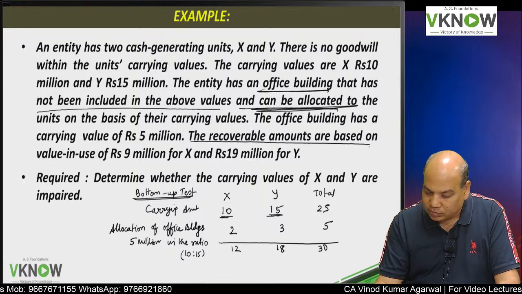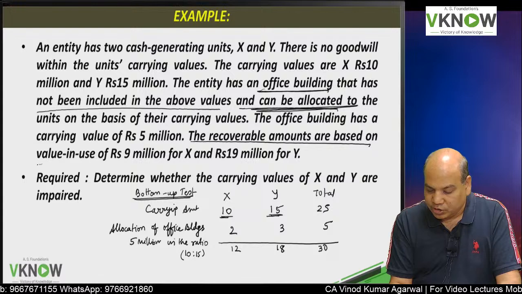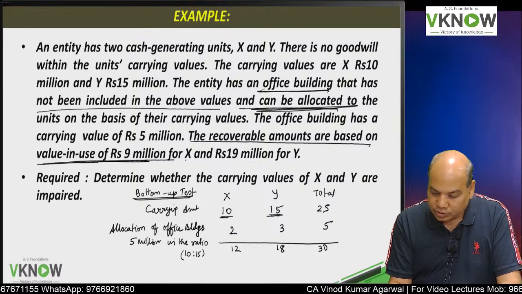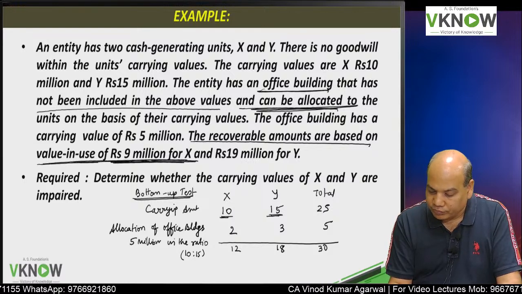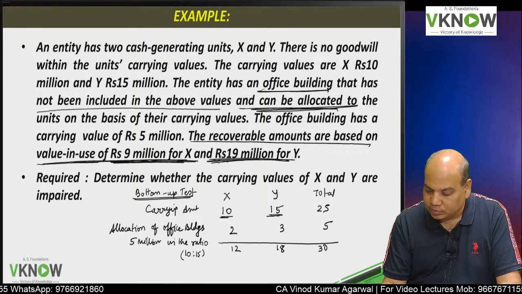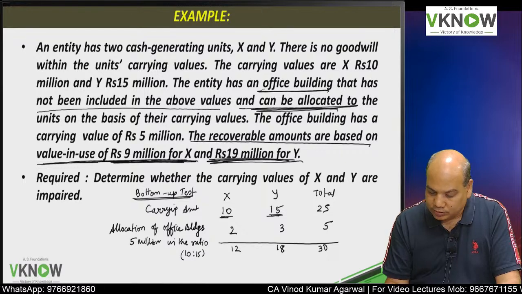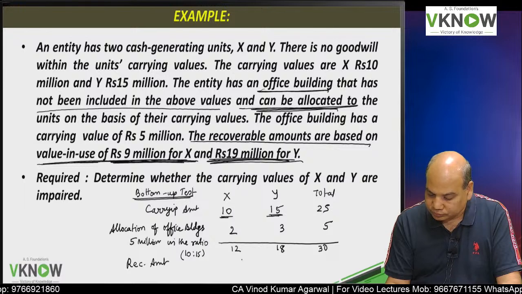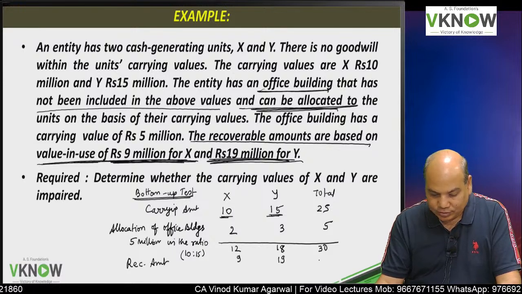The recoverable amount, based on value in use, is 9 million for X and 19 million for Y. So you will write recoverable amount 9, 19, total 28.